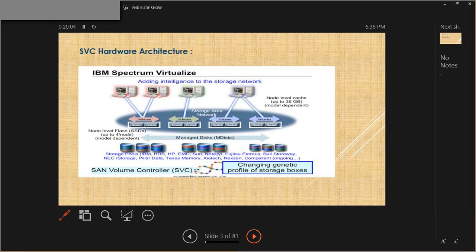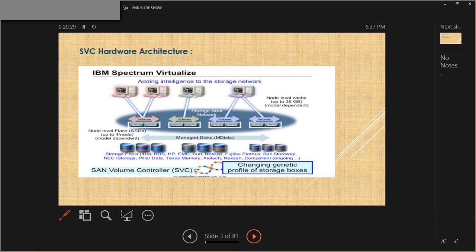Let us start with SVC hardware architecture initially, and try to understand where exactly Spectrum Virtualize falls in our complete architecture. As you can clearly see in this picture, there are three layers. We see the backend storage subsystem, that is one layer.